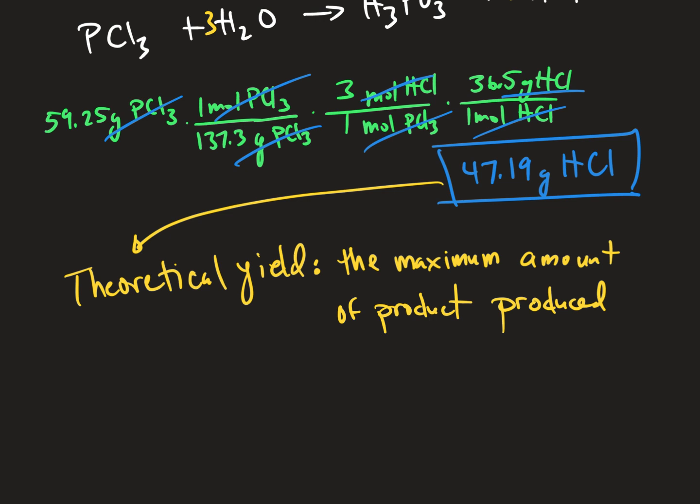What do we call what we get in the lab? When we do this in the lab, we actually get something else, right? We call this our actual yield.